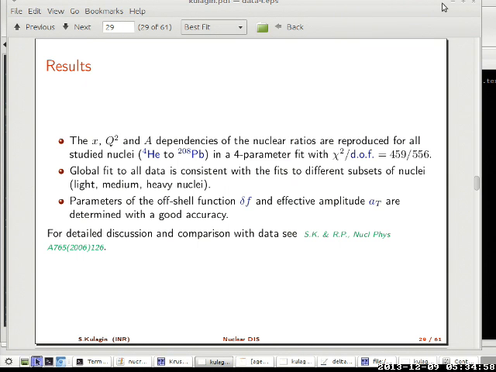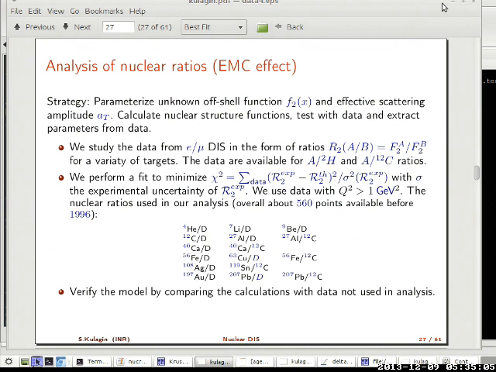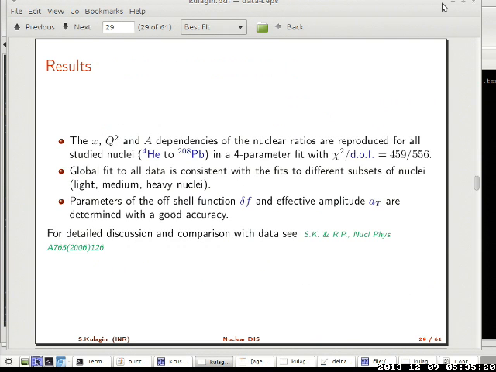We have tried to do the fits for different subsets of the ratios, selecting the ratios for light nuclei, intermediate nuclei, heavy nuclei, and the full set of the ratios. In all these fits, the parameters were consistent.